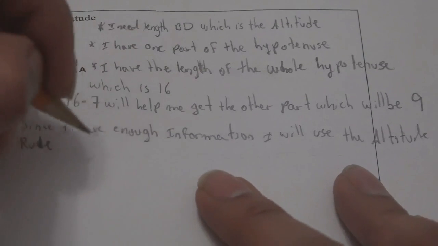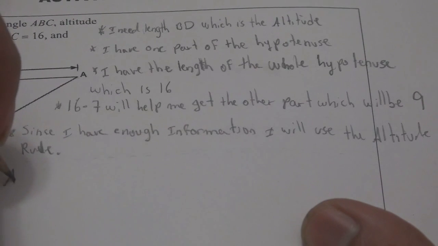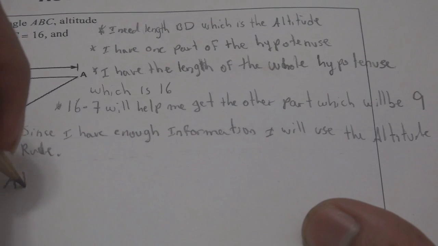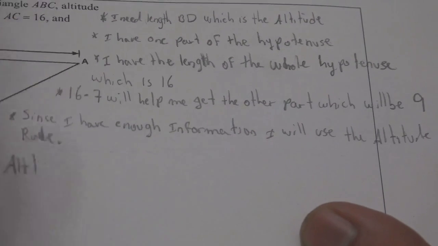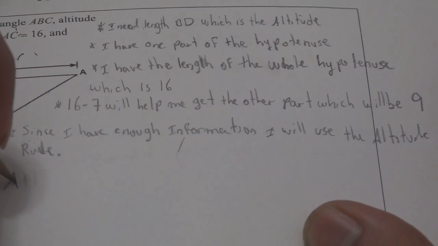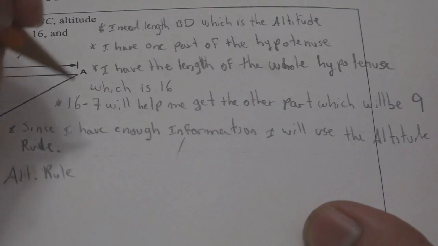Okay then. So what is the altitude rule? That's what you need to write. Altitude rule. So what is it? Easy.